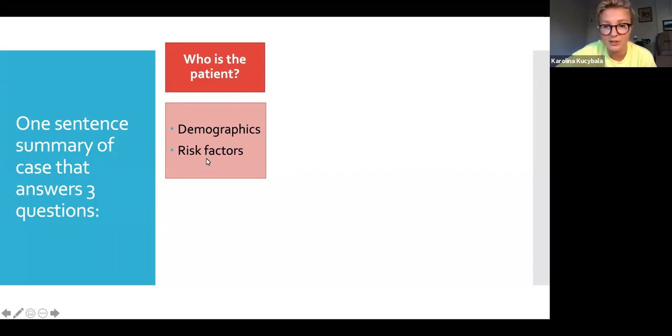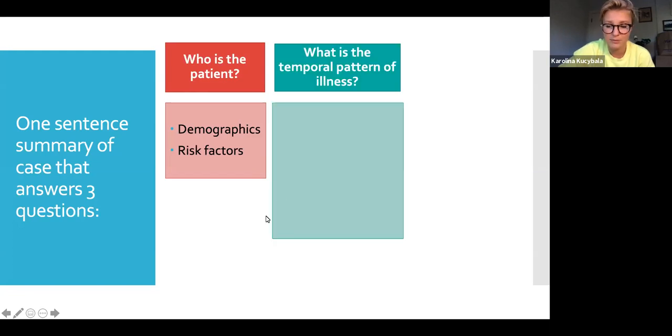And then the risk factors, that's kind of what we consider our past medical history, but this time you're being very thoughtful about what you're including and whether or not you can lump certain diseases together. The second question is, what is the temporal pattern of illness?